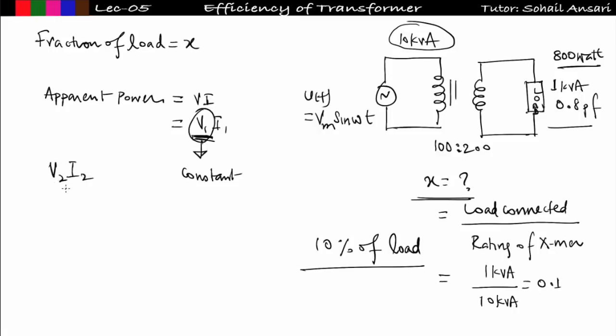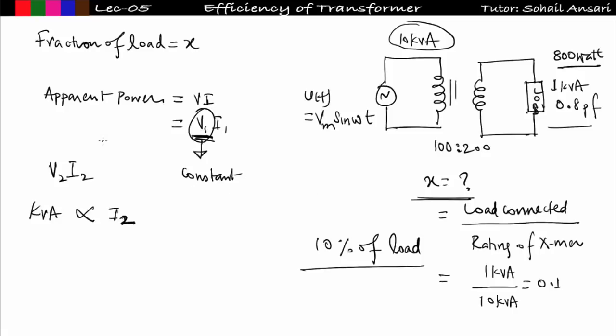Now this V2 will be constant and I2 depends upon the load. So I can say the kVA of the transformer, or the load connected to the transformer, is directly proportional to the current. I can say this because when the load changes, the current will change, and correspondingly the power drawn from the transformer will change. Got it? So these things you should know, and some part I have already explained in the previous lecture, that is losses in transformer.